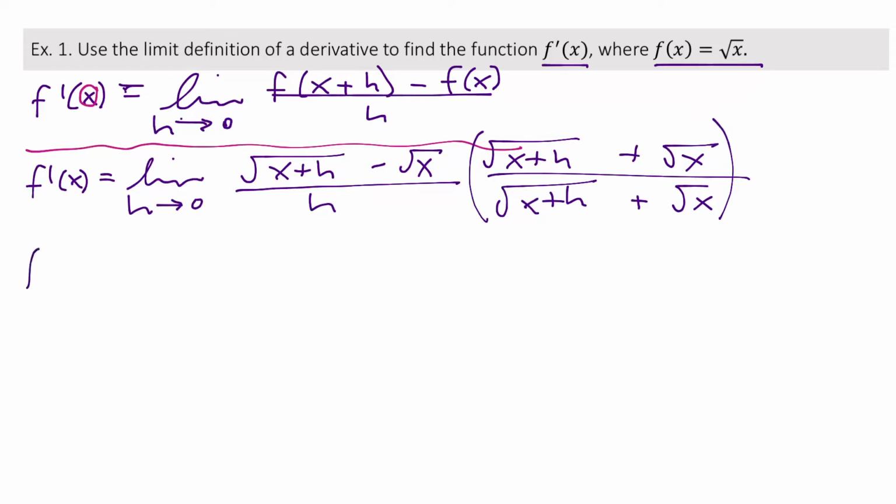So we carry out our multiplication. By this point, we know that the two middle terms are going to cancel when we multiply by the conjugate, so we're just going to multiply the first and the last. This is going to be the limit as h approaches 0 of the square root of x plus h times the square root of x plus h, which is x plus h.